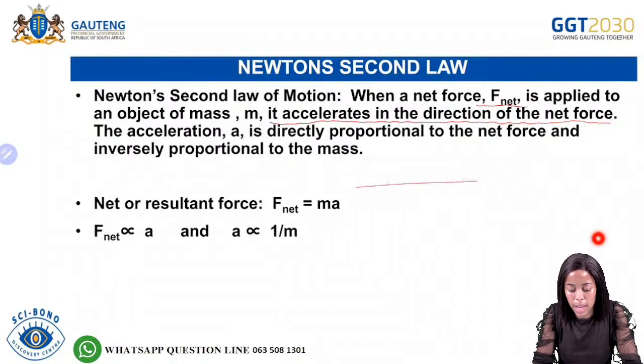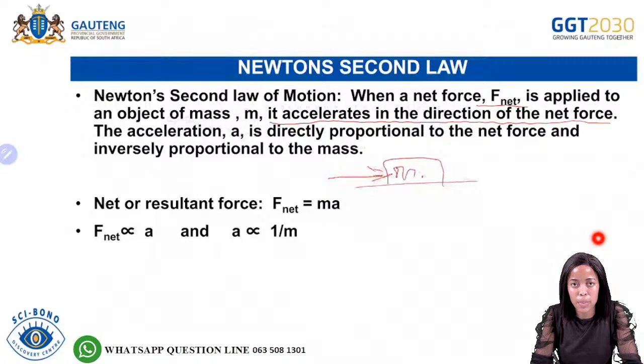So if you have an object, and on this object we have a net force that is applied, of what? Of mass m. So this object has a mass. It says it will accelerate, so it will move in the direction of the net force.